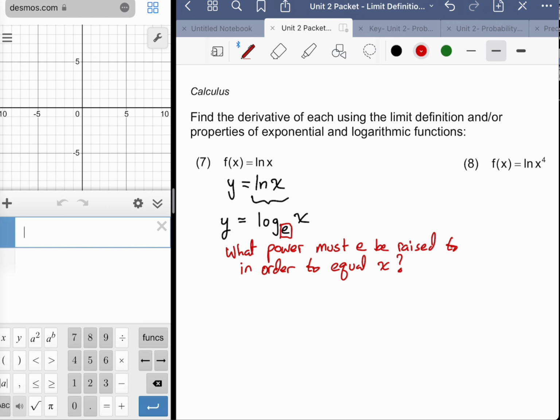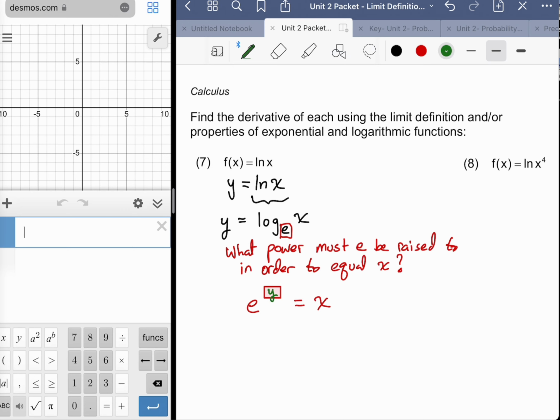It's going to be e raised to some power giving a result of x. We reviewed yesterday that the power is the result of the logarithm. That's the whole point. So that would be y. So e to the y is equal to x.